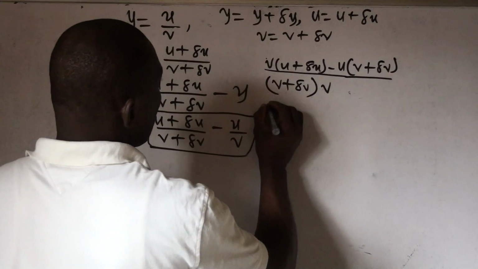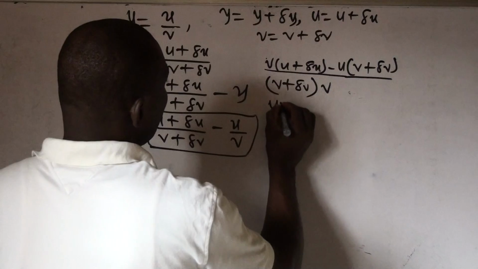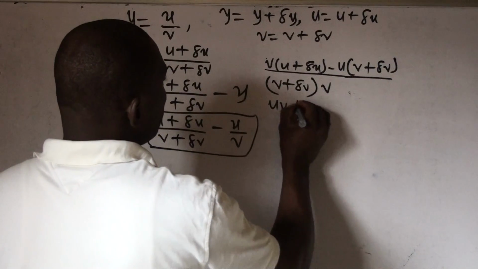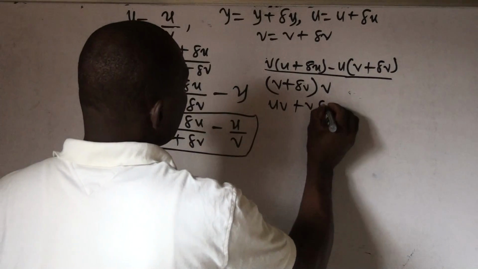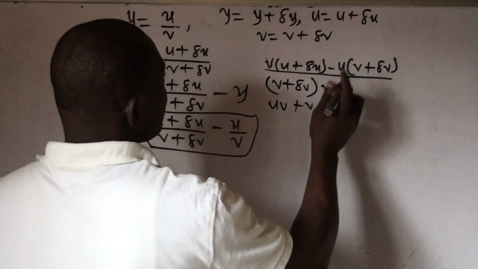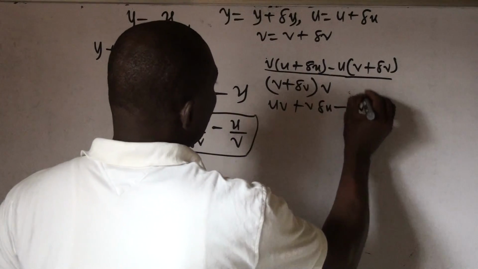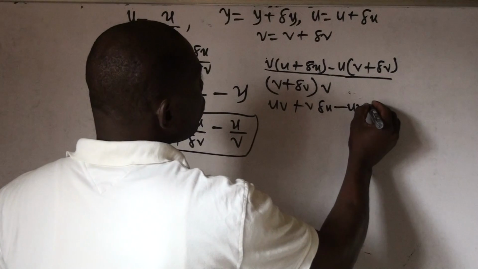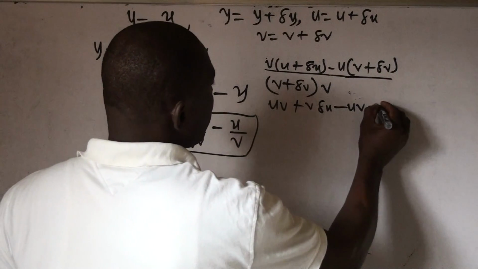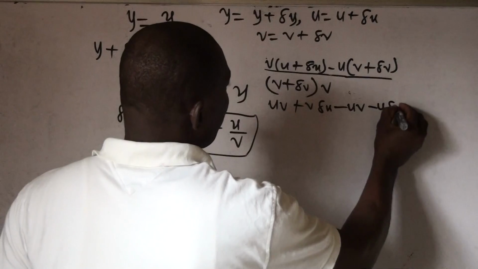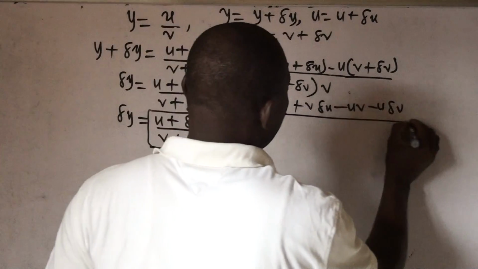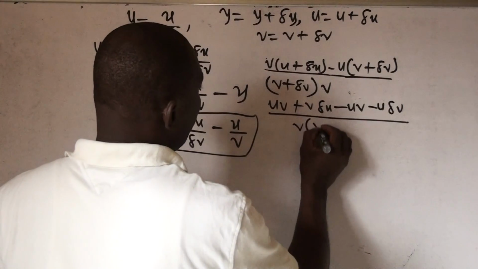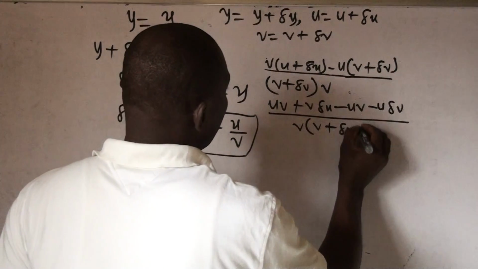Now if we open this bracket, in the numerator we have v times u, that will be uv; v times delta u, that will give us v delta u; minus u times v, that will give us minus uv; minus u times delta v, that will give us minus u delta v. Everything over v into v plus delta v.